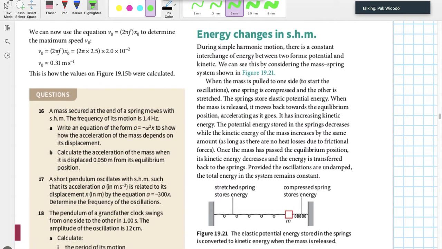This is omega, v equals omega x, v equals omega r.